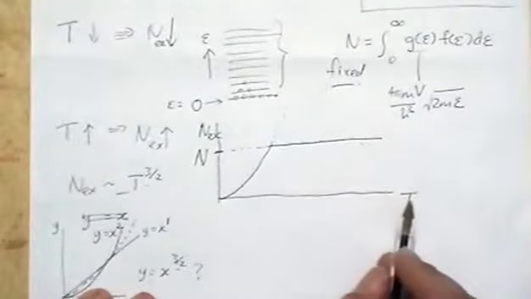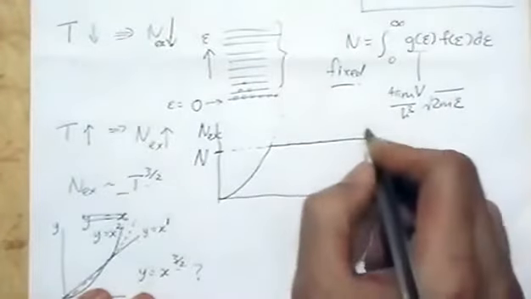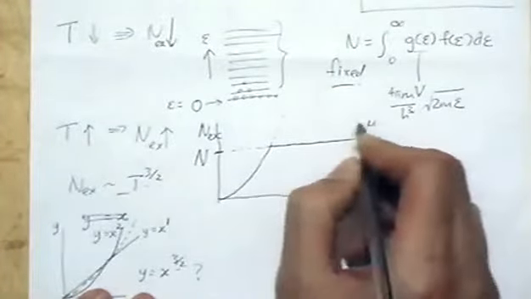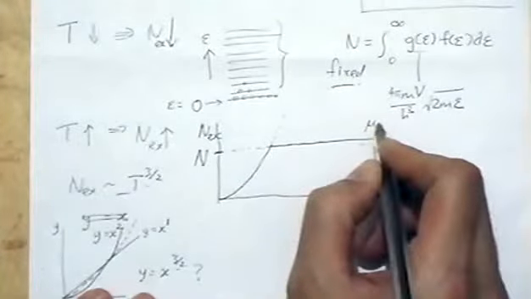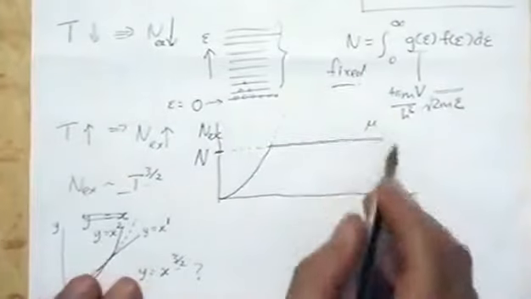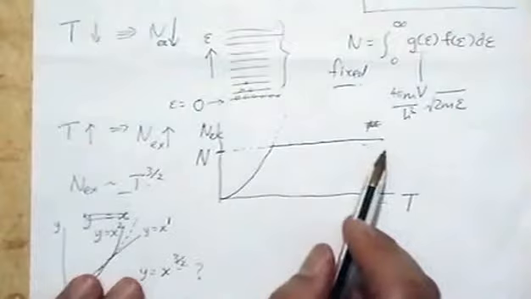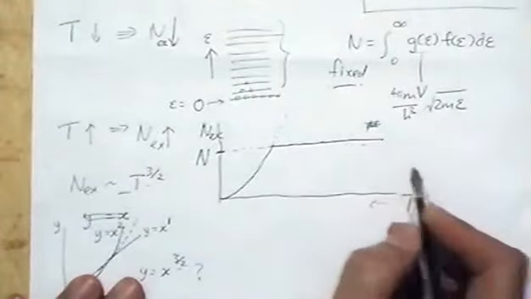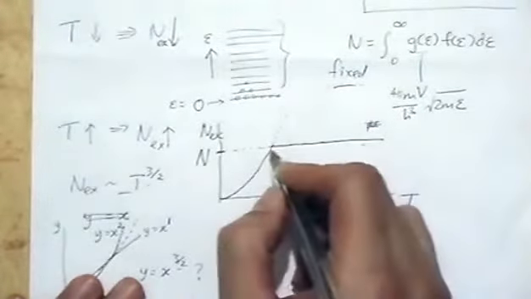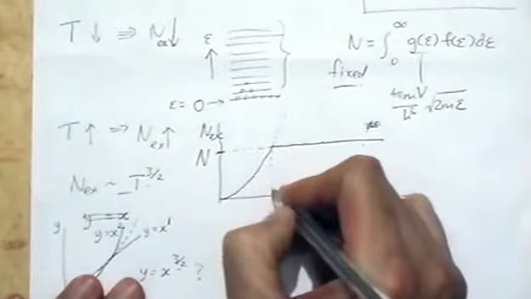So let's go to higher temperature. As temperature falls, mu decreases. Let's think about what happens when the temperature reaches this point, where the two lines meet.